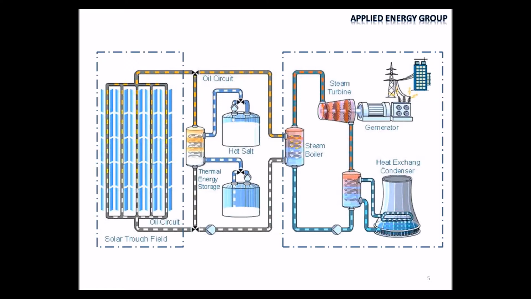Once the fluid transfers its heat, it's recycled and used over and over. One big advantage of these systems is that the heated fluid can be stored in a heat storage system, like the two tanks in this figure, and used later on to keep making electricity when the sun is not shining.